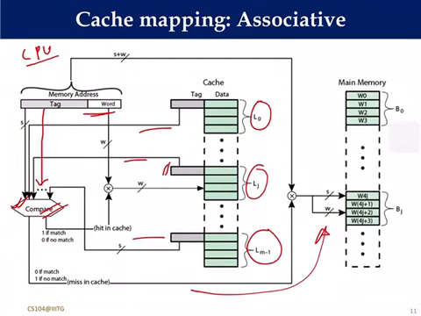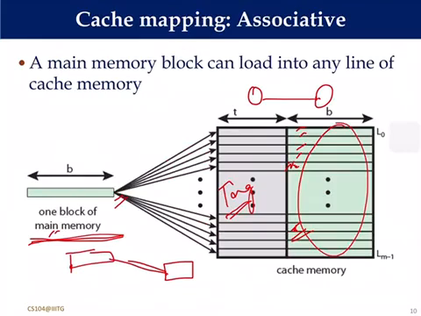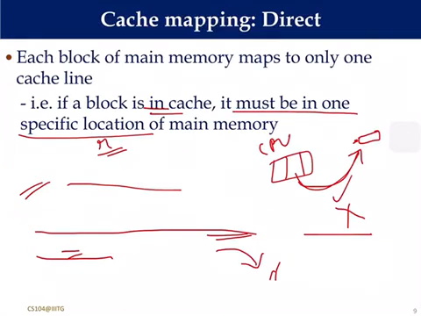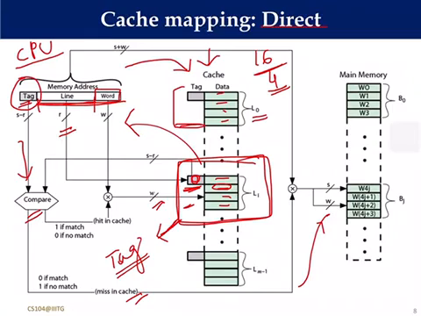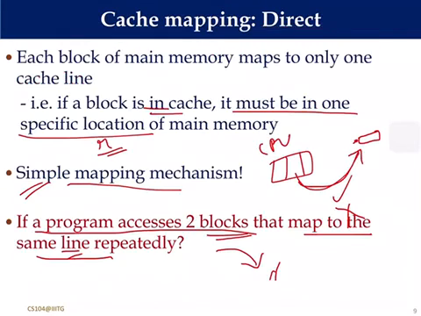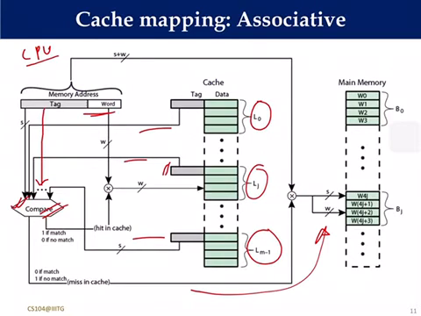In the last slide you saw that the comparison was done only between the requested address and the tag bit of one particular block. But here it is the tag bits of all the blocks or all the lines in the cache.